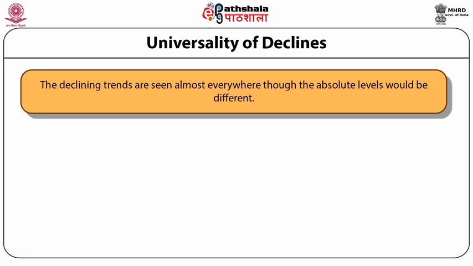But we have to recognize that we are seeing declines everywhere in the country. The extent of decline will differ from area to area. In Punjab and Haryana, because the ratios had dropped very sharply in 2001, we have seen some improvements, while we are finding very steep declines in Jammu and Kashmir.